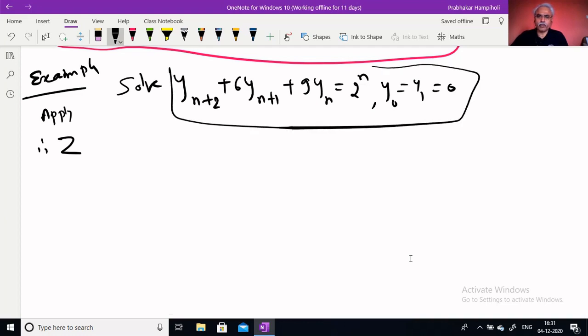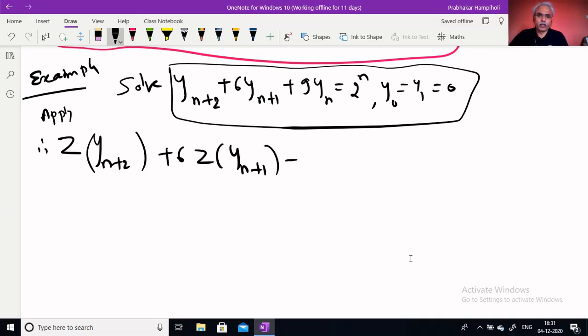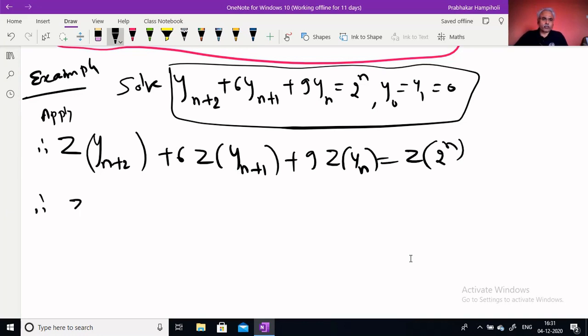Consider this equation. With some liberty, I am taking some steps directly. Z transform of first term plus 6 times z transform of second term plus 9 times z transform of yn equal to z transform of 2 raised to n.